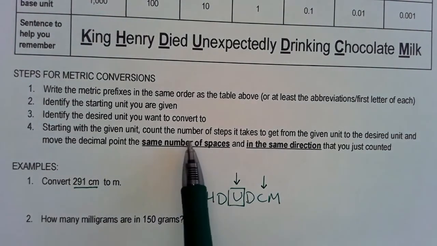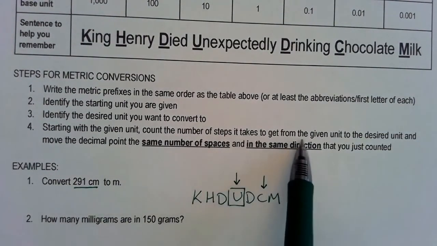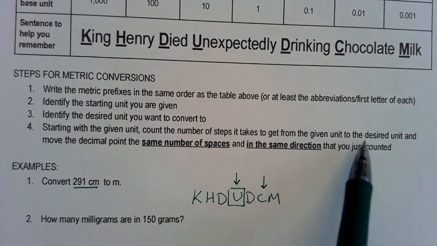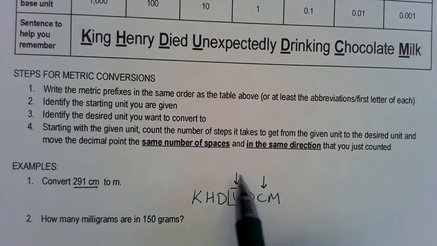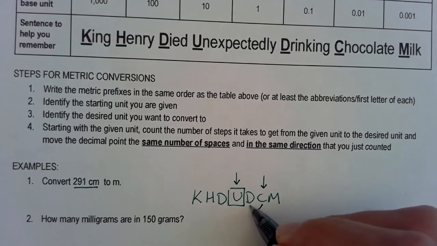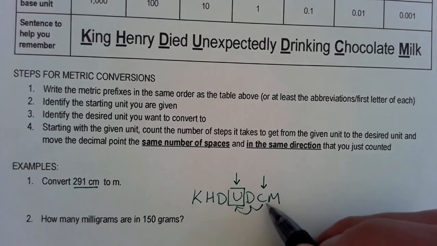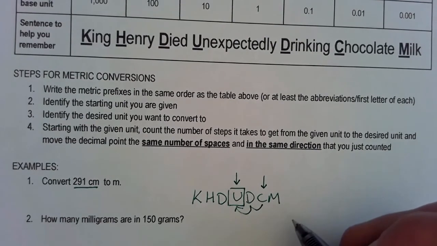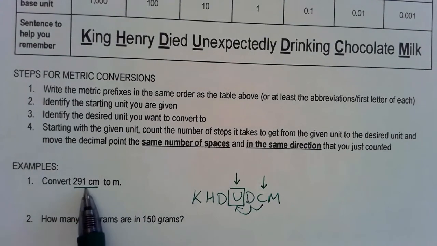Next, starting with the given unit, count the number of steps it takes to get from the given unit to the desired unit, and move the decimal point the same number of spaces and in the same direction you just counted. So boom, boom. It took us 2 steps to get to the left. So what we have to do is take our decimal point from the given number and move it to the left.